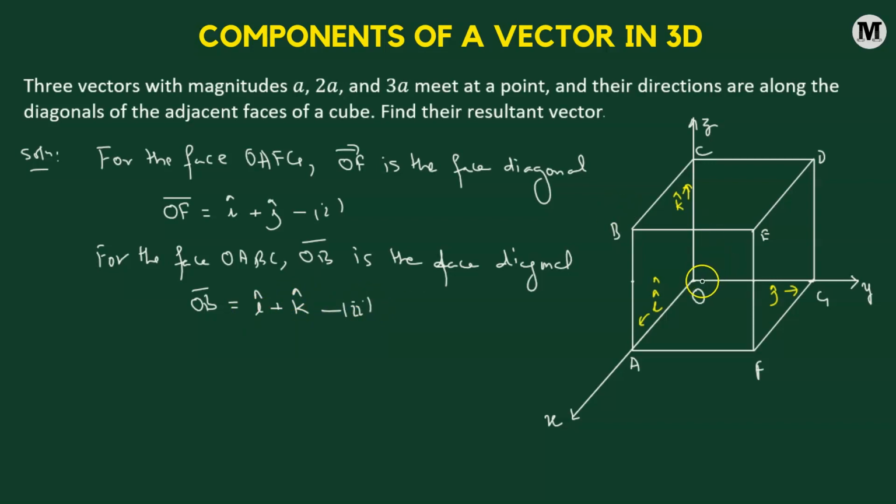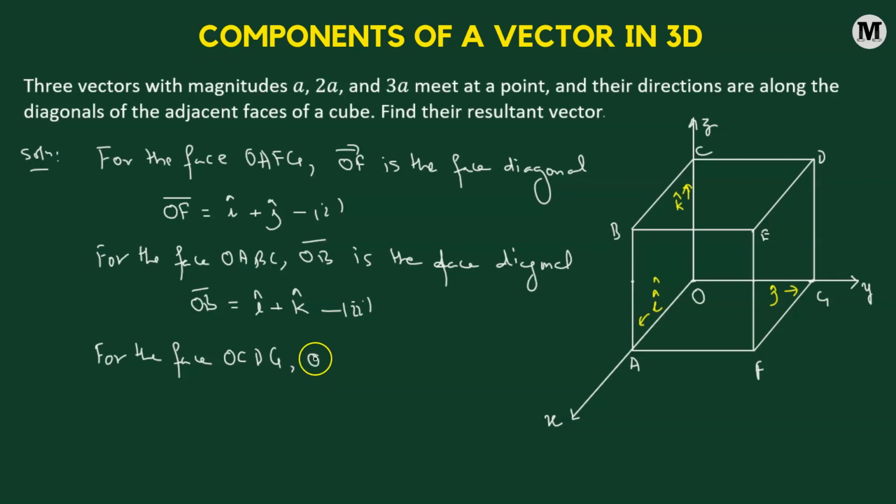And then we're going to consider the face OCDG. Here I would like to add a comment. There is no specific order or way in which we choose the adjacent faces of the given cube. You can choose any particular side as long as they're adjacent, and the vector must start from the one common point.